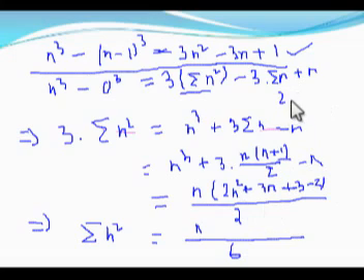Now 2n square plus 3n plus 1 can be written as 2n square plus 2n plus n plus 1. If we take common, n plus 1 is common. So we have one factor 2n plus 1 and another factor n plus 1.